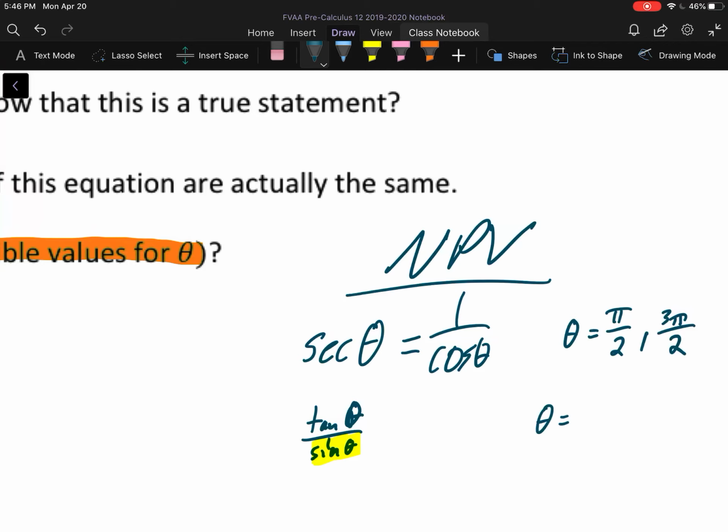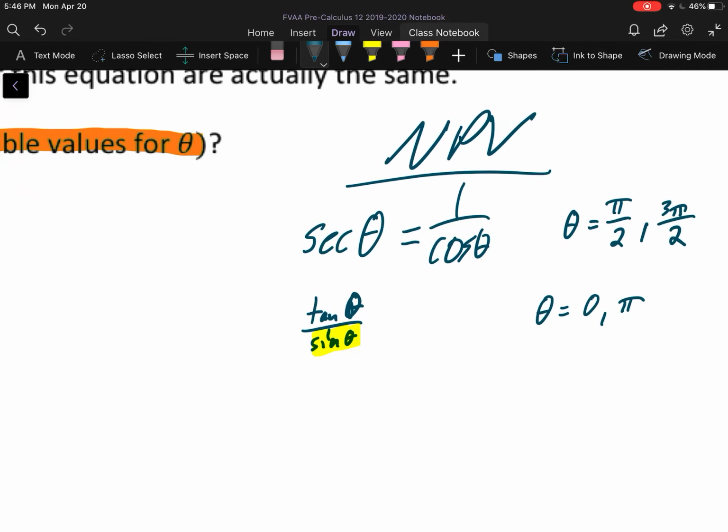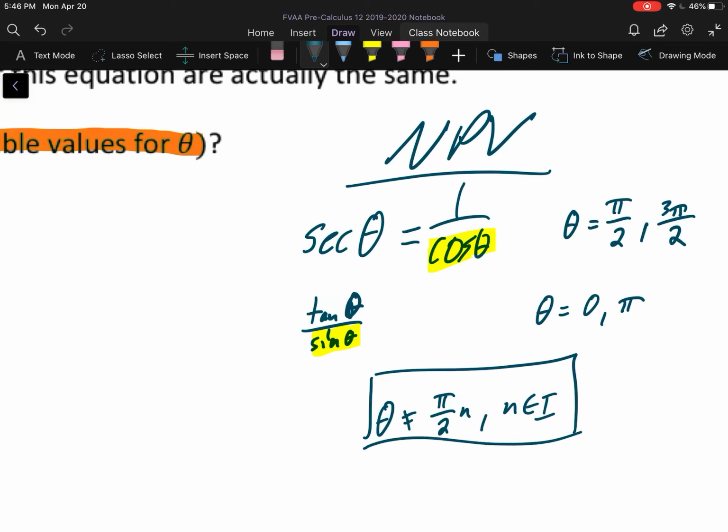Well, that is true for a radian of 0 and pi. So with these two denominators that we're checking non-permissible values for, I can determine that theta cannot equal n pi, as long as n is an integer. So this would be my non-permissible value.